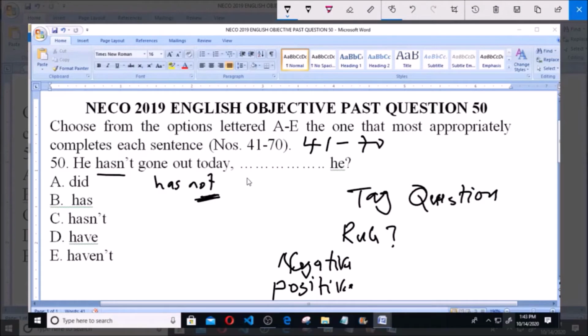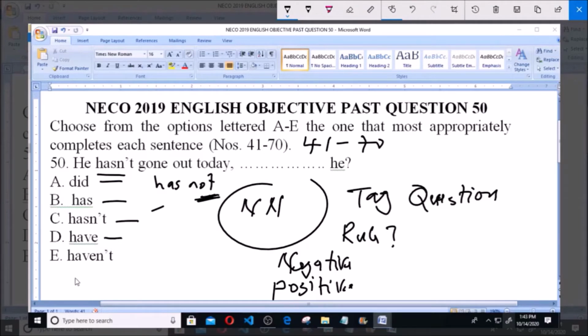And remember that we also have what we call n't in English expression. So he hasn't gone out today dash E. A did, B has, C hasn't, D have, E haven't.